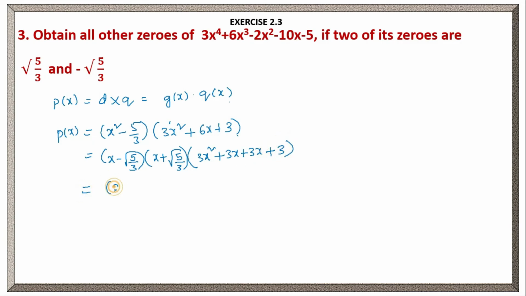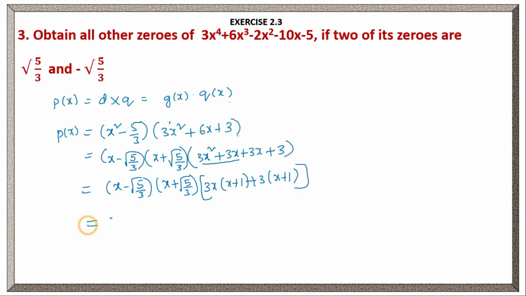Yes, now x minus root 5 by 3 into x plus root 5 by 3, another factor. We are going to find 2 more factors here. From this we can take 3x as common, 3x into x plus 1 plus 3 into x plus 1.